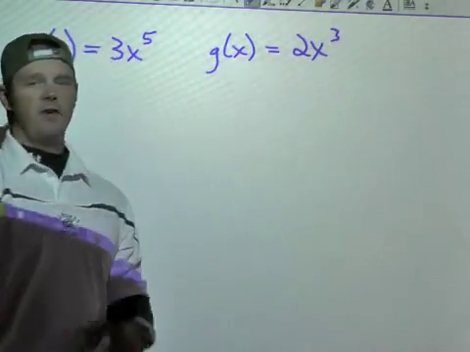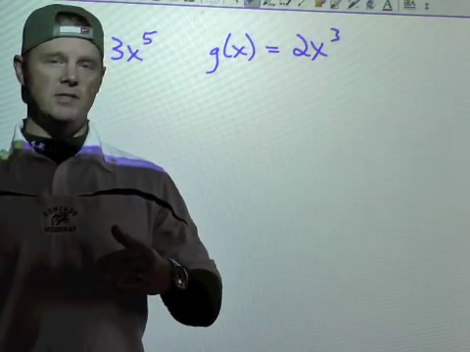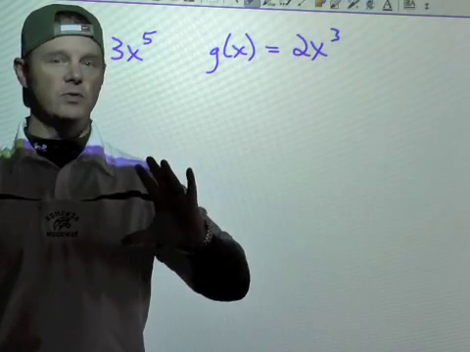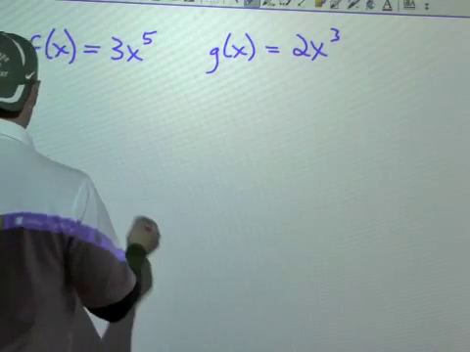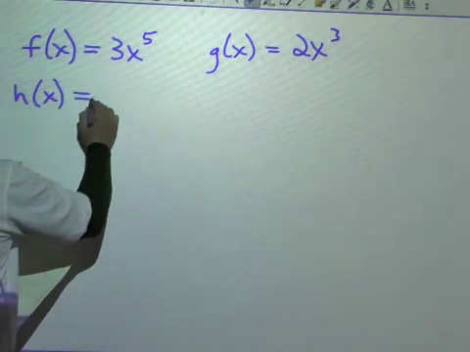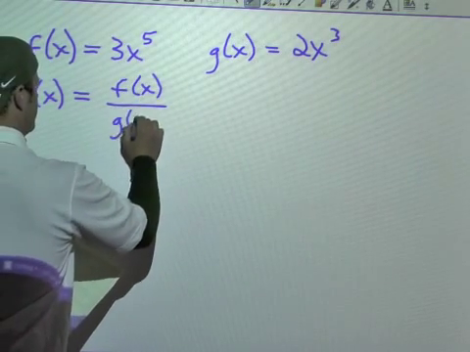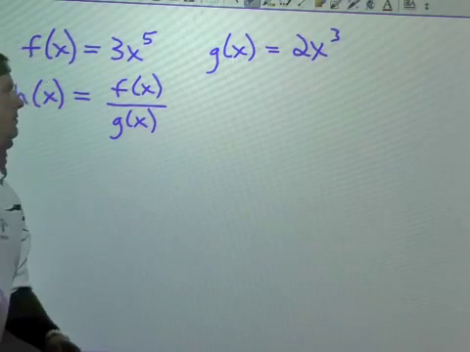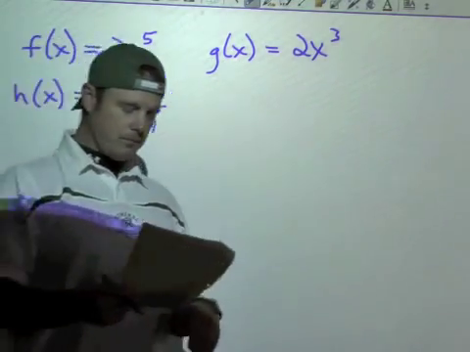Now I'm using very simple functions to make a point about why you can't just divide two derivatives to find the derivative of the quotient. So let's say we have some function h of x, which we define to be f of x divided by g of x. Okay, so we want to find the derivative of h of x.